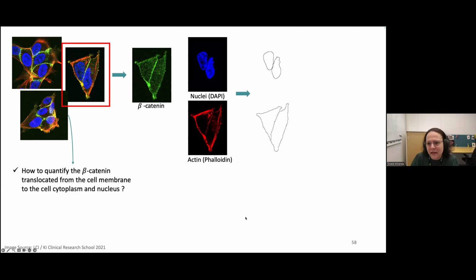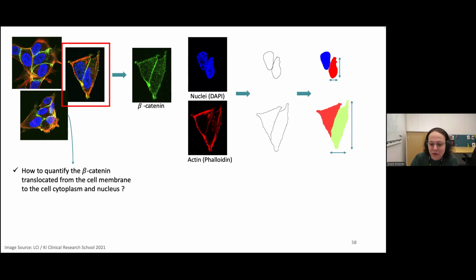Since we want to quantify the signal in specific regions, we first need to obtain these regions, so we need to segment. Then we label individual components and extract the measurements, right?